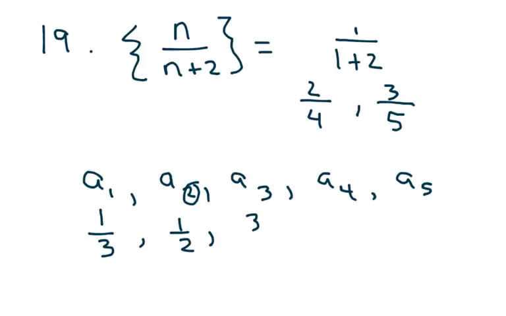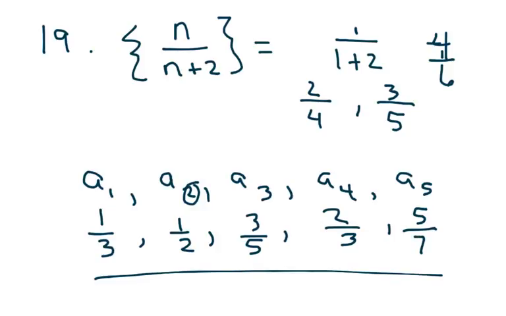Then I'm going to plug in 4. Get 4 over 6, which is really 2/3. And 5 would be 5 over 7. And I just wrote down the first 5 terms. I just plugged in my index number, which tells you which term it is.